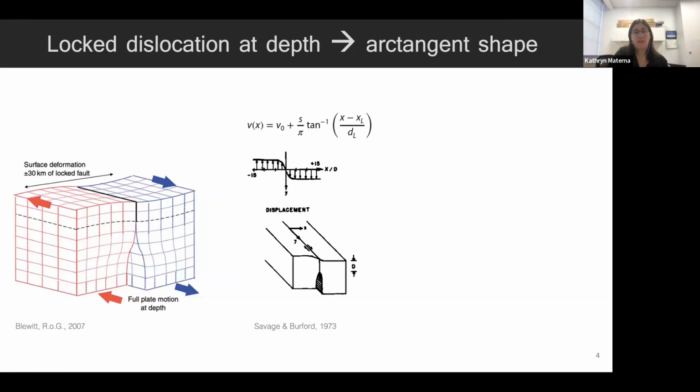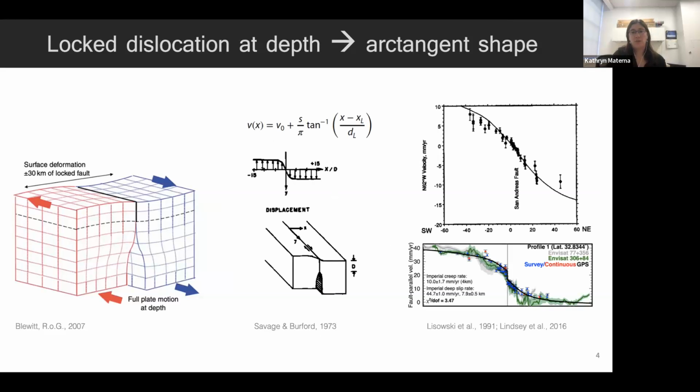And then for many decades, geodetic measurements from GNSS and InSAR and trilateration surveys have largely supported this model, borne this out, and we see this arctangent shape very, very commonly across strike-slip faults around the world.